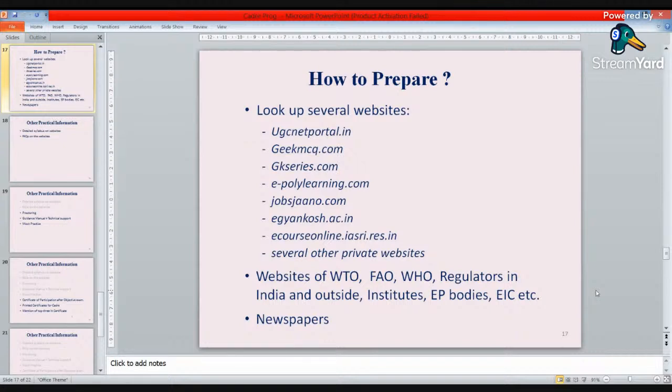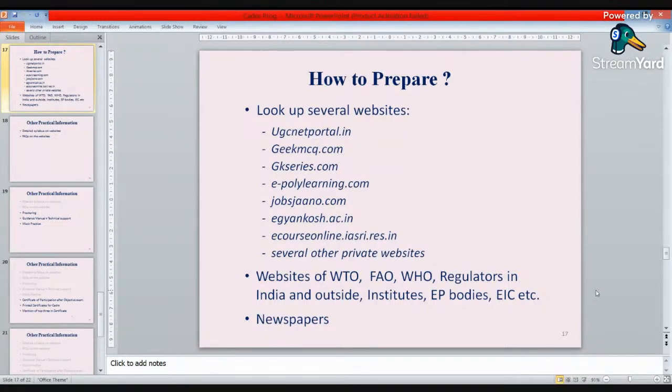How many of you have seen the website of Codex? How many of you have seen the website of maybe FSSAI you would have seen, but how many of you have seen the website of APEDA or Spices Board or EIC? You need to see. Just looking at the website, you get a wealth of information or knowledge.